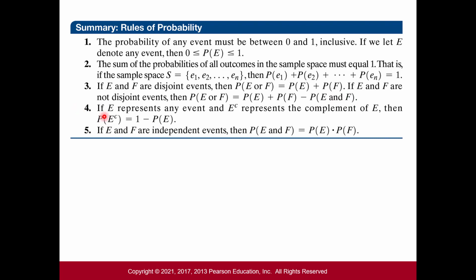Number 4, if E represents an event and E complement represents the complement of E, then the probability of the complement is always 1 minus the probability of the event. And then 5, if the events E and F are independent, then the probability of E and F is just the product of the two individual events.